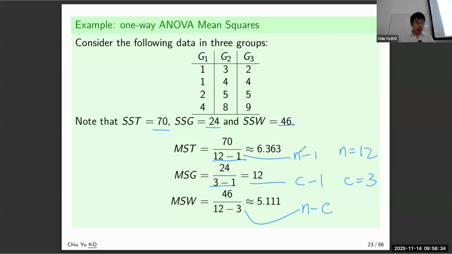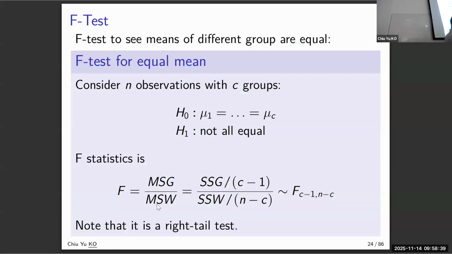So there's an F test that goes on here. Let me formally define this. You have C different groups, and you want to say whether they have the same mean or not. That ends up with an F test. You compare MSG over MSW, and you check the table with C minus 1 and N minus C degrees of freedom. Because MSG will be at least as large as MSW under the null, you only reject if it's much larger.